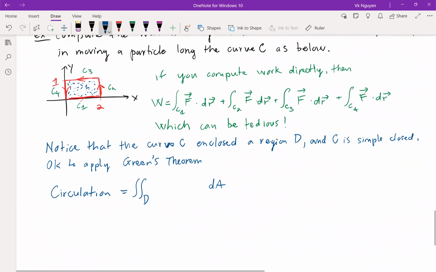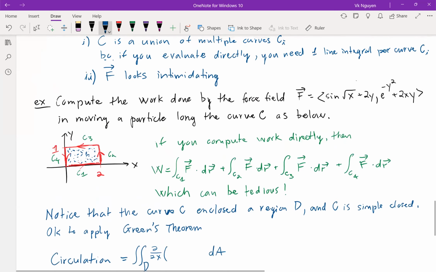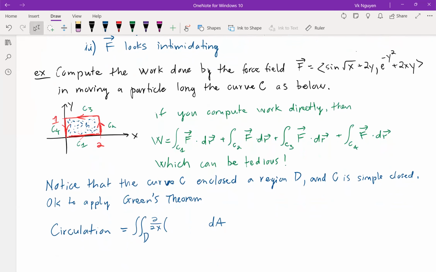So it's going to be partial x of the second component, minus partial y of the first component.